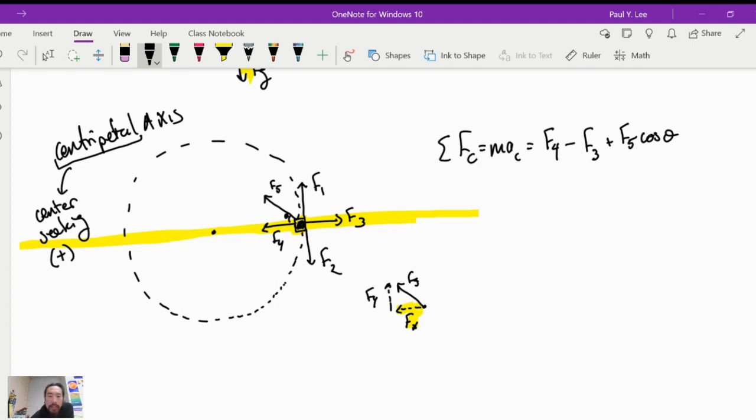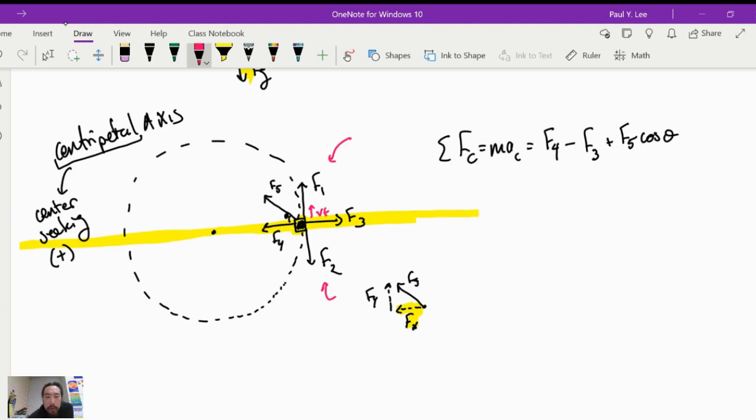So the idea here is that if you take a look at F1 and F2, if those are not helping it move along the circle, what are those doing? So F1 will cause the object, so if I were to draw the velocity vector, right? So we know here, let's say the tangential velocity is going upwards.